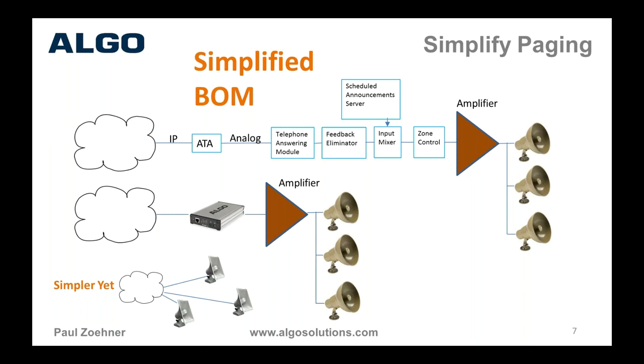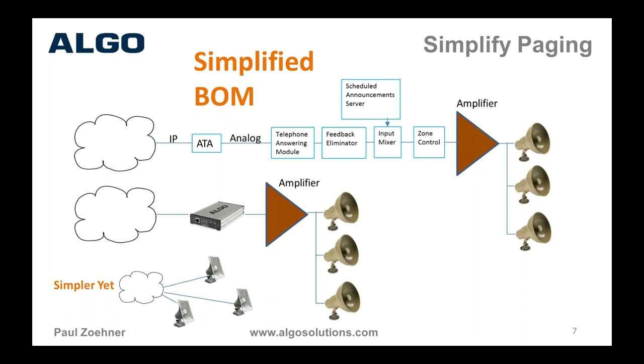And what this customer decided to do in this case was they replaced all of those things that you see on that top line with the Algo 8301. All of those features that you see there in those boxes are included in the 8301. So a very powerful interface, much simpler for this customer, and they actually had 9 or 10 amplifiers, so we put one of these units in front of each one to tie them together.